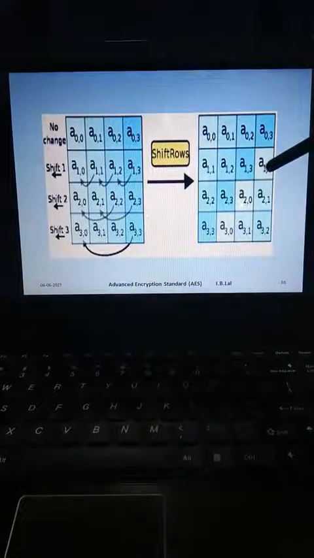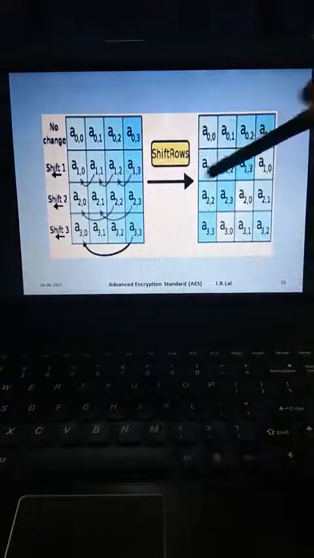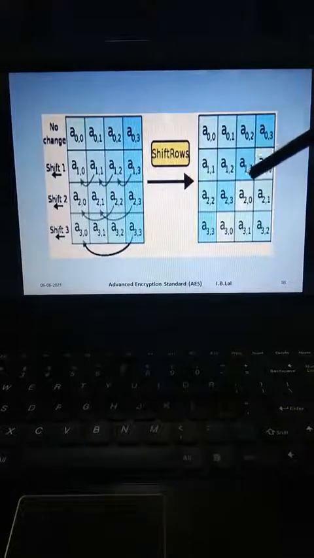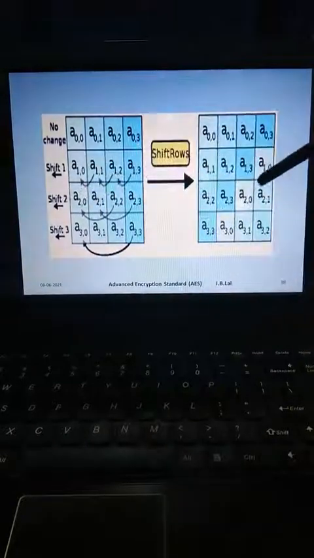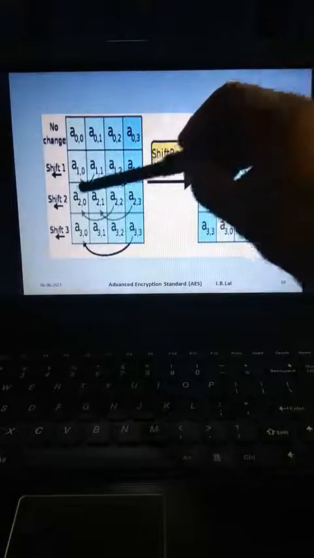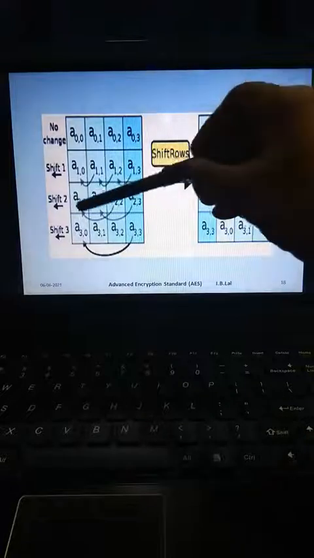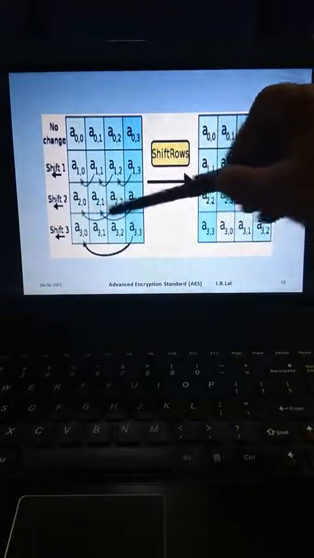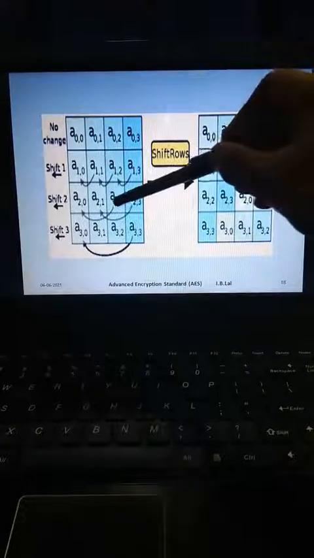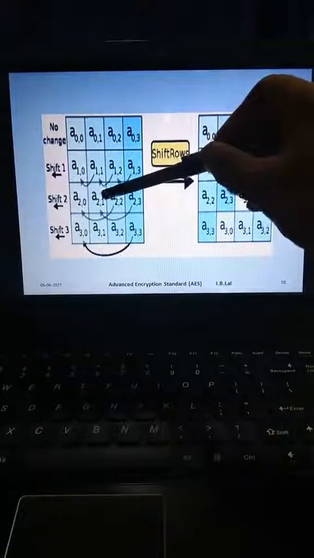A10 is here. Now this place is taken by A11, and then A12, A13, and the first bit becomes the last bit, A10. Okay, so in second row 2 bits would be shifted, means A20 would come here, A21 would come here, A22 would take this place, and A23 would take this place.